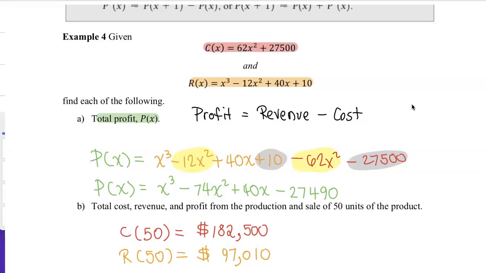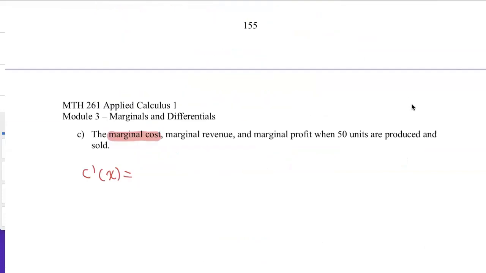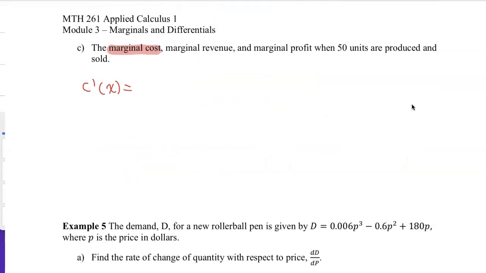That's what we were given. So I'll copy it down here. So if that's the original total cost function, the marginal cost function will be 62 times 2, so that will be 124x, and this will just give me 0. So we found the marginal cost function.